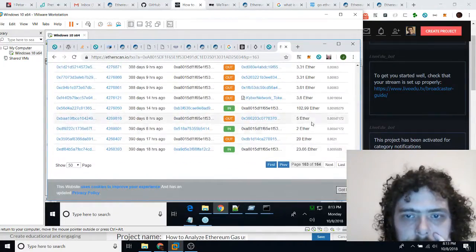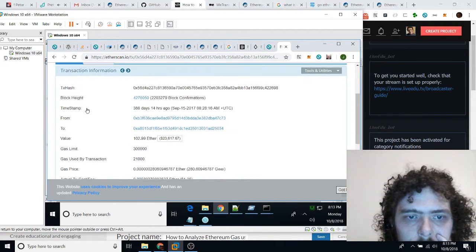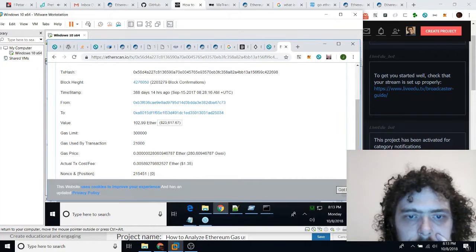$102 Ether, you suppose that's it? He paid 280 Gwei at 300,000 gas limit. He only ended up paying 21,000 for that transaction.